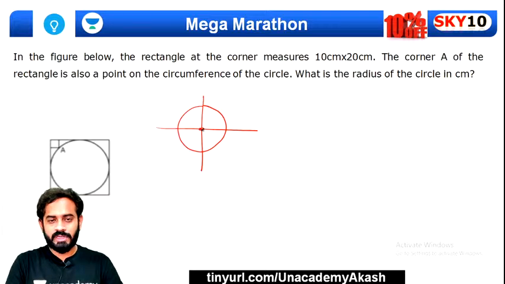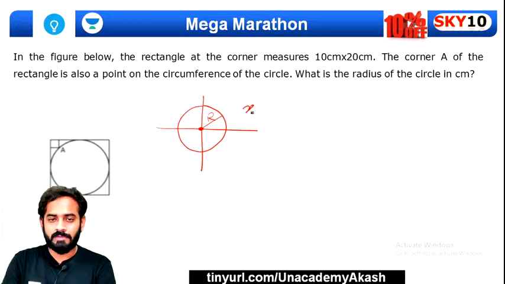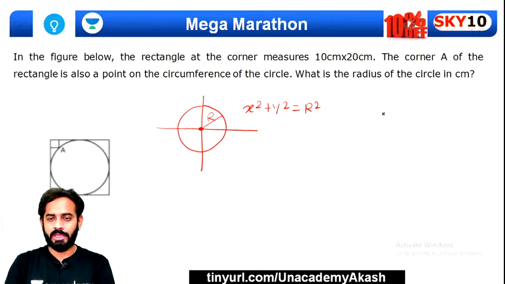If the center of the circle lies at the origin and this is the radius, then the equation of the circle becomes x square plus y square is equal to r square, where r is the radius.